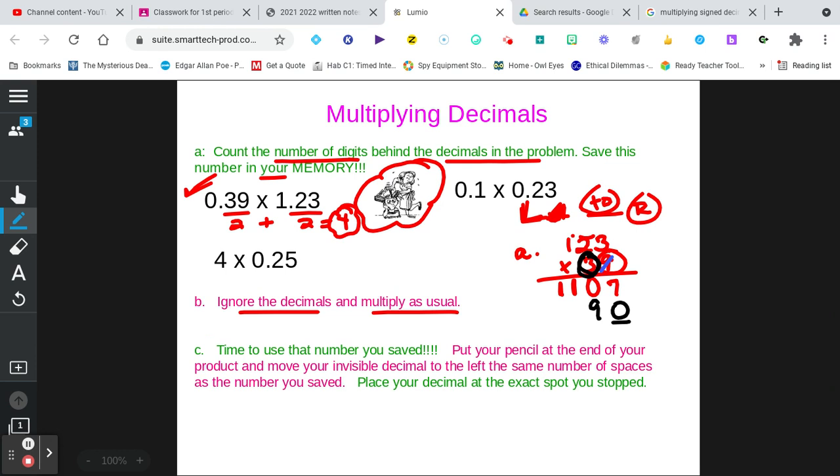3 times 3 is 9. I'm sorry, guys. That's 3 times 2. 3 times 2 is 6. And 3 times 1 is 3.